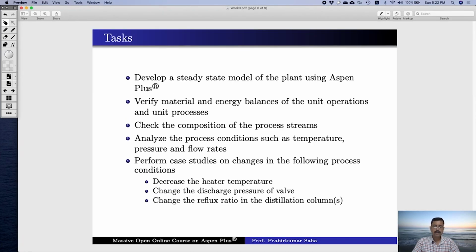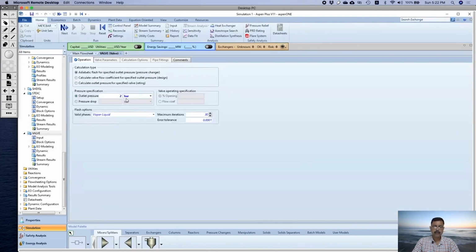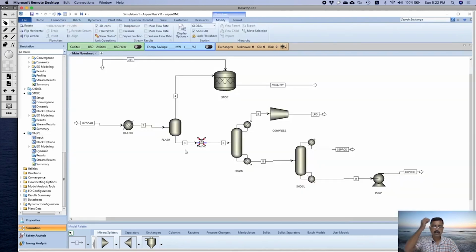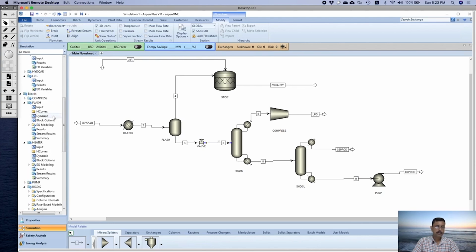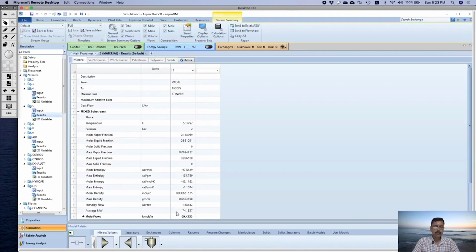So the discharge pressure of the valve right now is 2 bar, and for the outlet, the stream 5, you can see its composition results in a molar liquid fraction of 88.1031%.